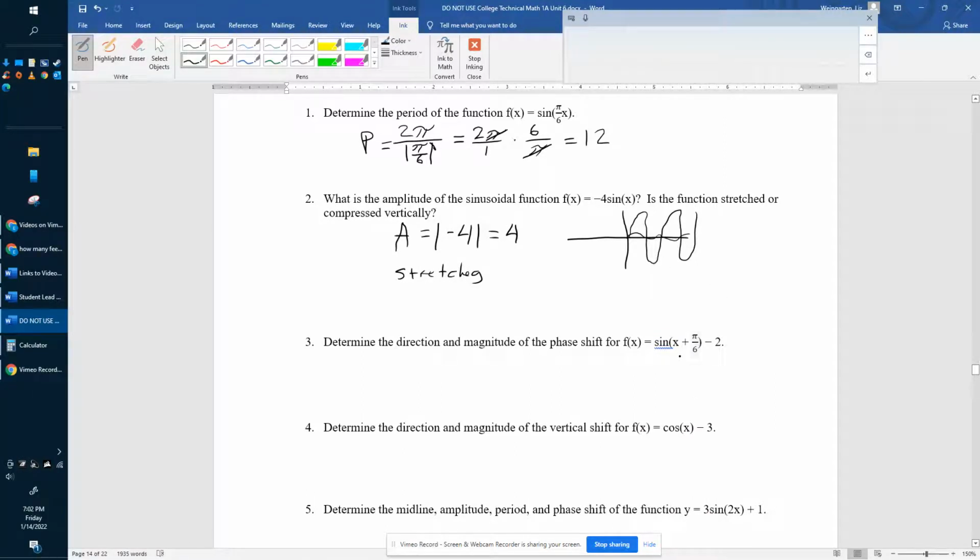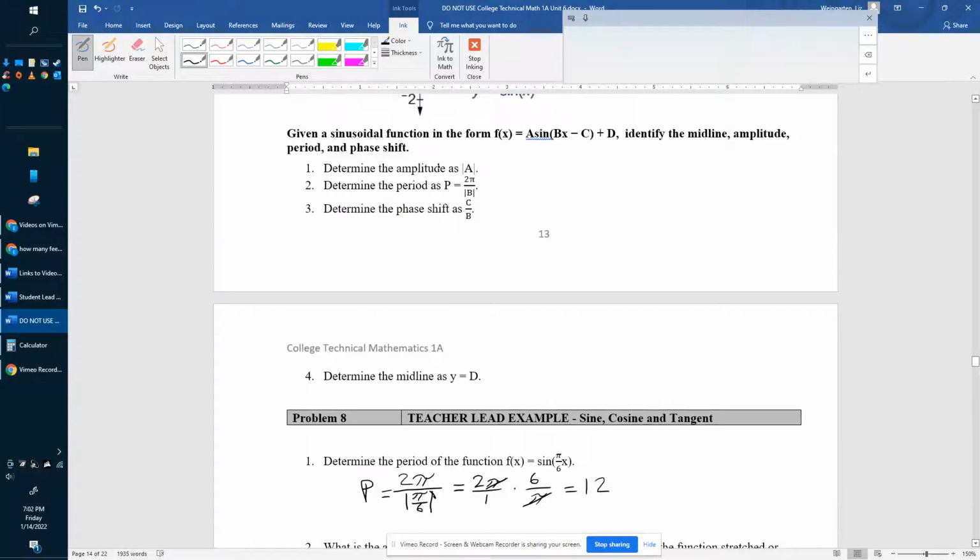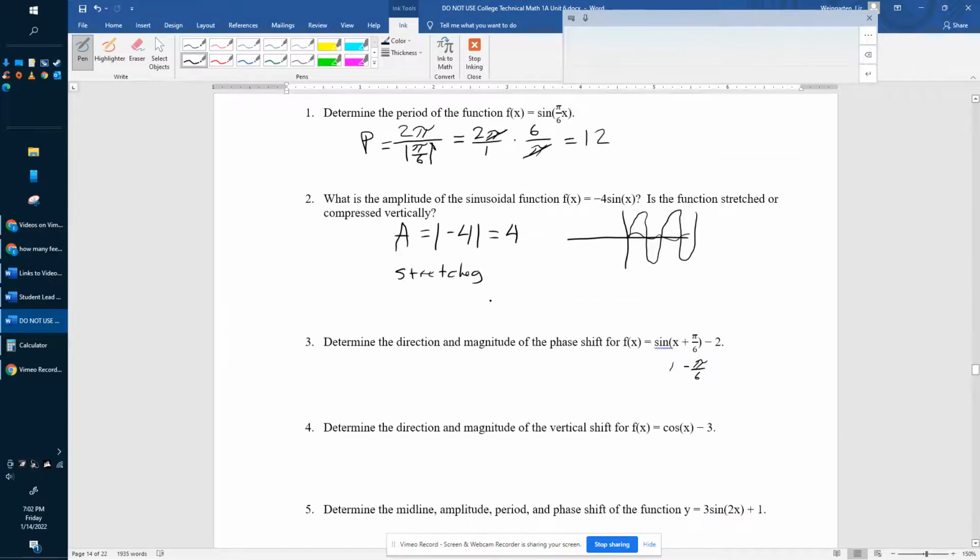Remember with c, it's subtraction. So this is actually going to be a negative pi over 6. b is equal to 1. So it's c over b, negative pi over 6 over 1. So it's negative pi over 6.